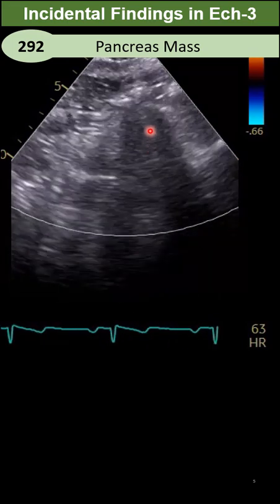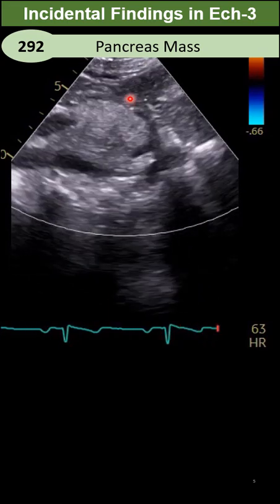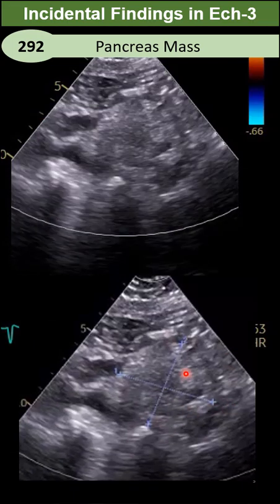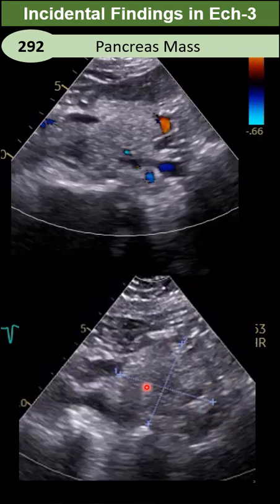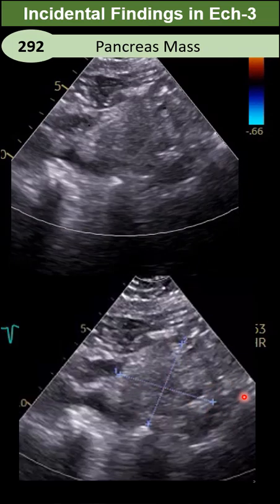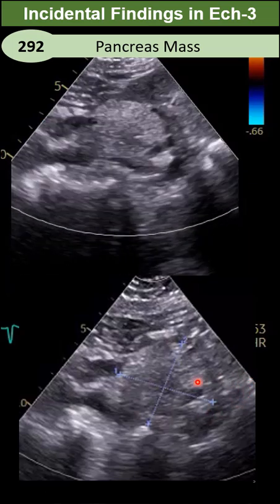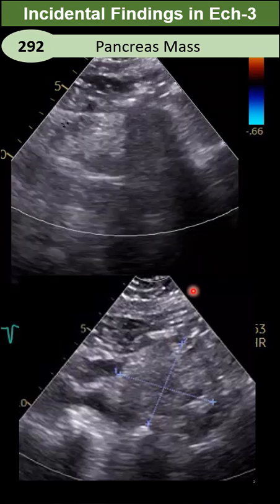You can see the border of the mass very clearly, with a clear limitation, and even vessels go around that mass. Here, if you pause it and measure it, you can see there is a mass. It was over 4.5 by 4.9 centimeters in this case, and the patient went to the CT scan.